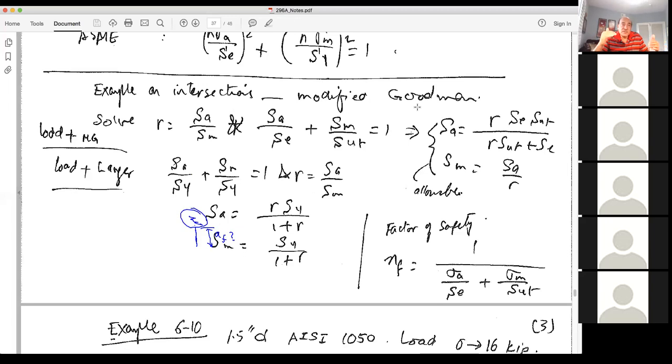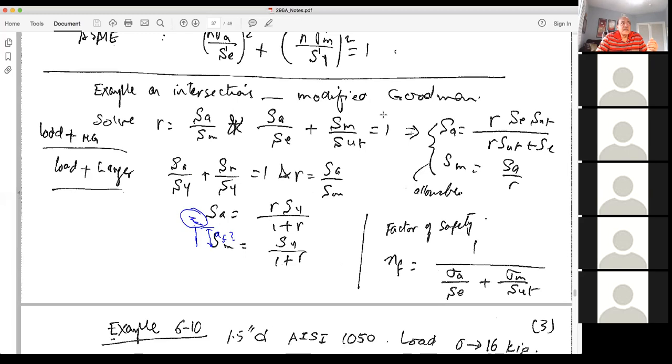If the moment is caused by a force that is off axis, then as the force increases, both the moment and the axial force will increase proportionately. So both the mean and the alternating are going to be increasing in proportion to the applied load. And therefore, in design, we always look for something called a load line.